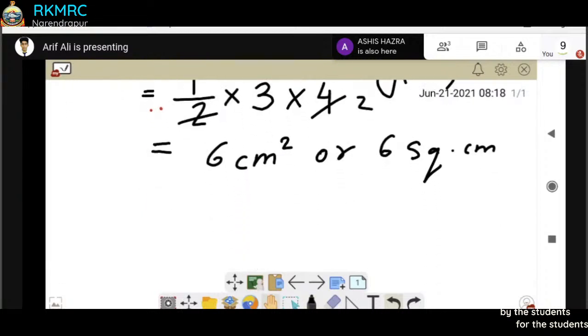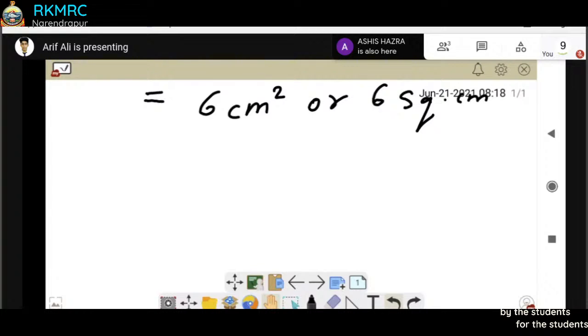So now let us calculate that hypotenuse. We know this formula: hypotenuse square equals base square plus height square, where height is the perpendicular.